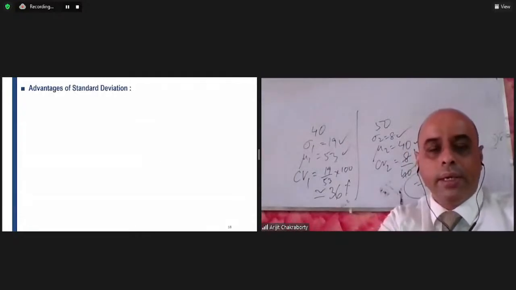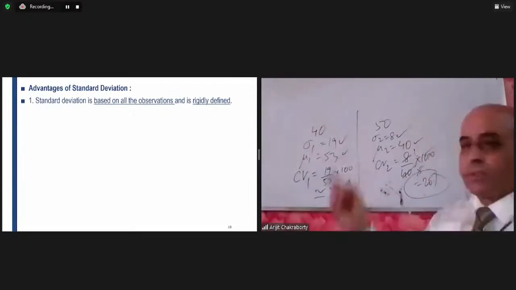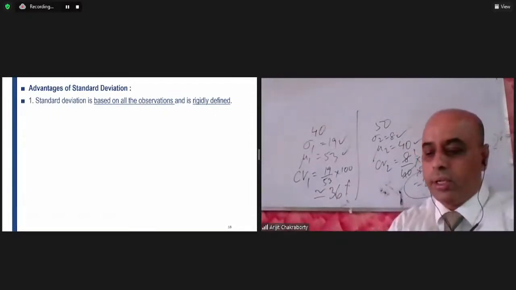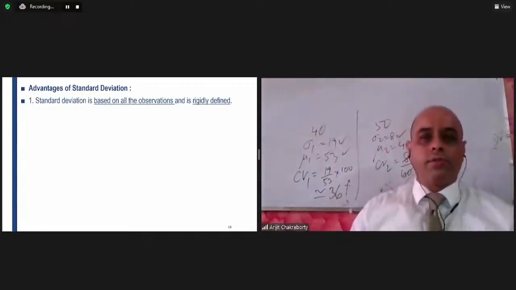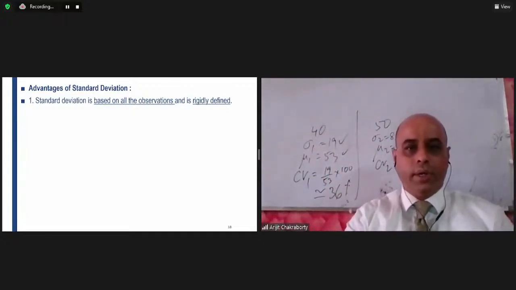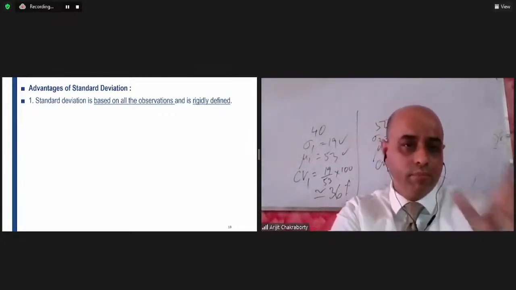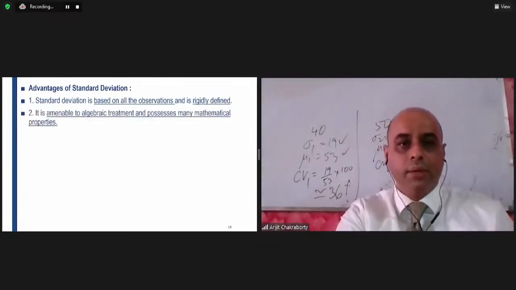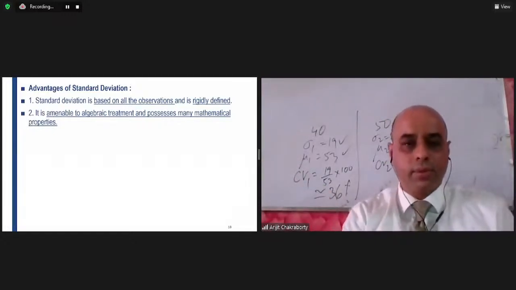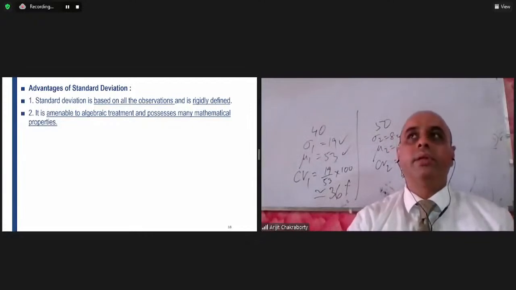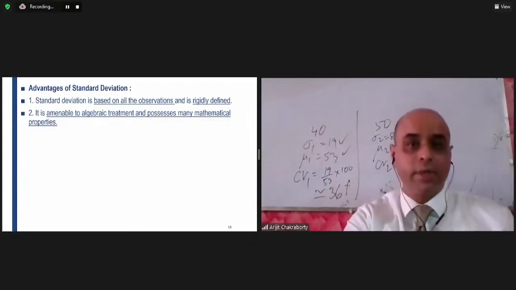Now, the advantages of standard deviation: it is based on all observations. As we saw, you have to take all the observations when calculating the deviation. It is not like the median, where we only think of the middlemost observations. Plus, it has a lot of mathematical properties, and algebraic treatment can be carried out.